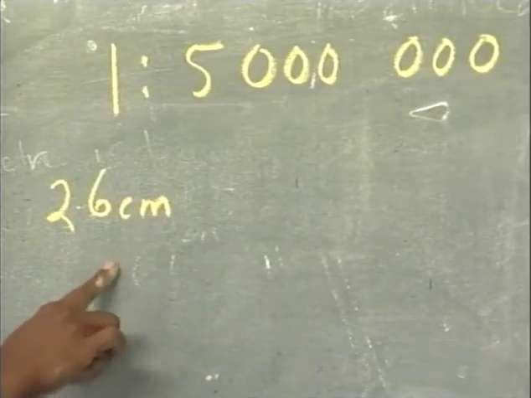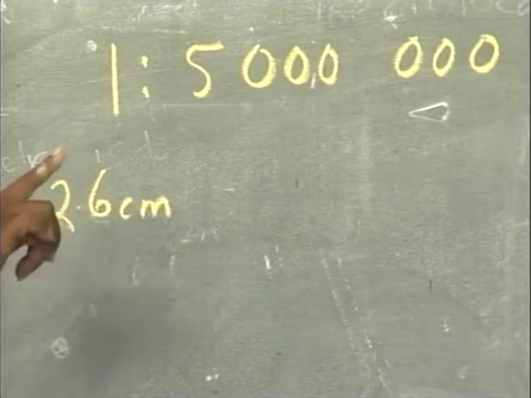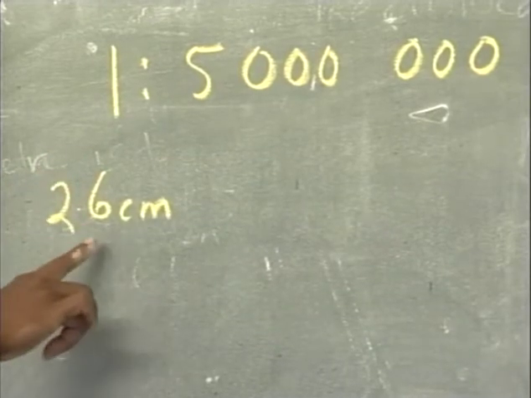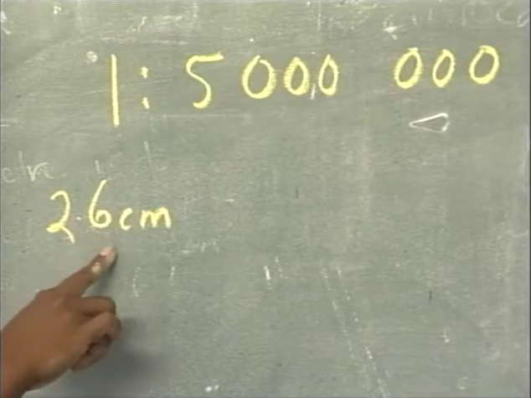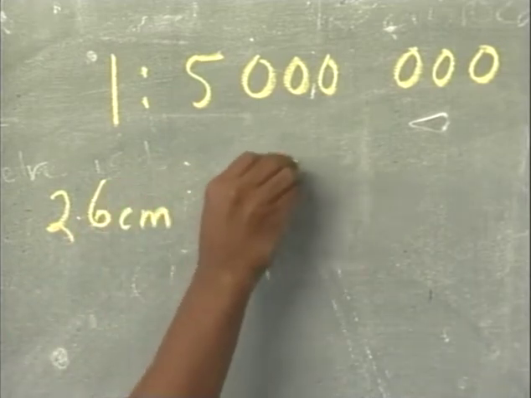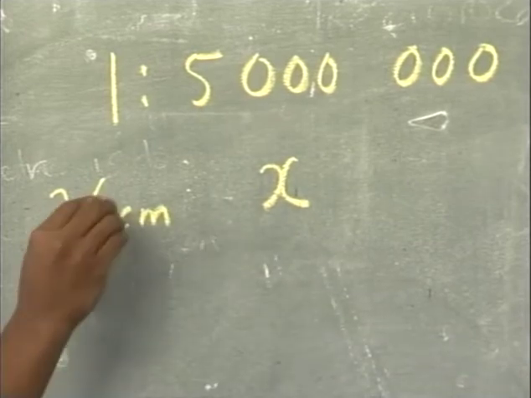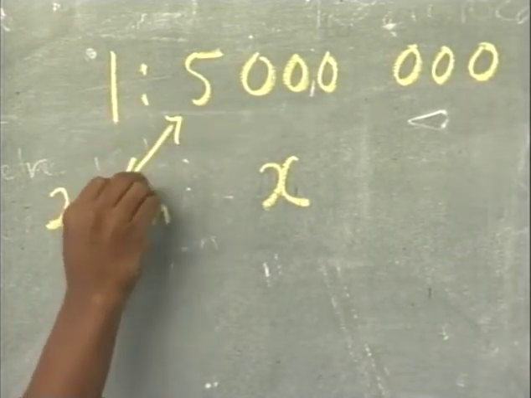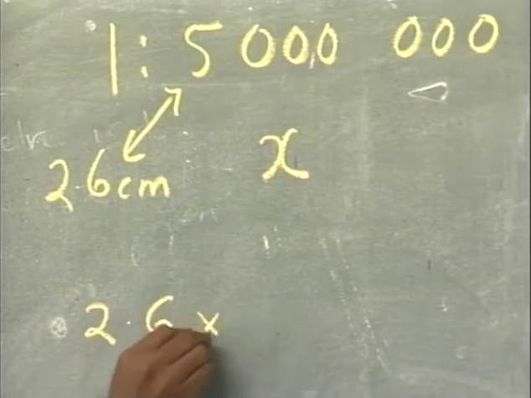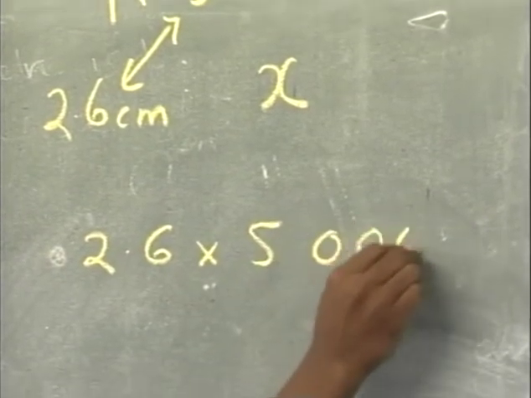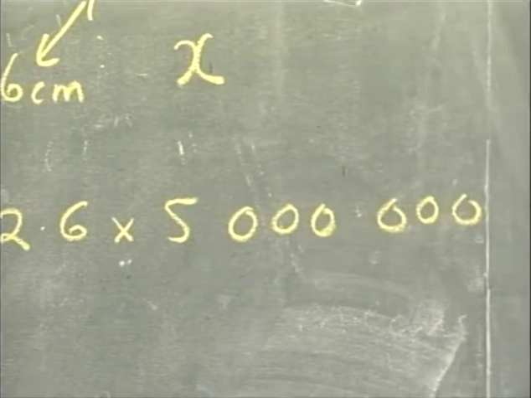So if he had to use the cross multiplication calculation, then all he needed to do was 2.6 is to x, because he wants to find the distance in kilometers, that x here. So he will simply multiply 2.6 times 5 million. Can we all check now our calculators?